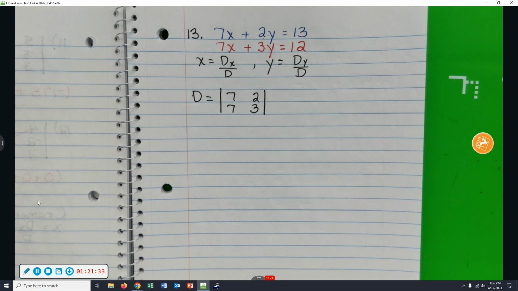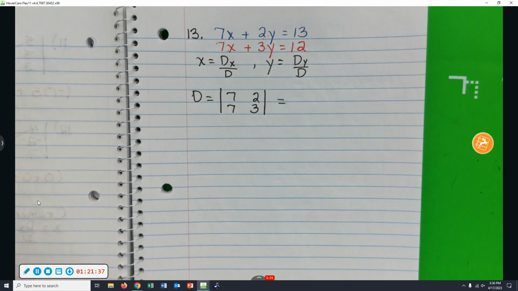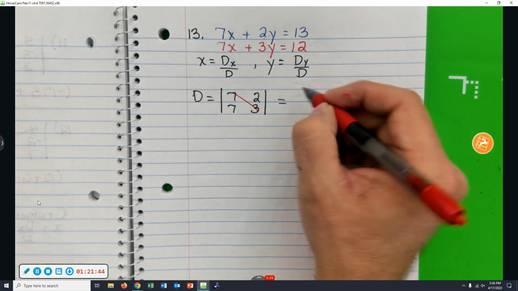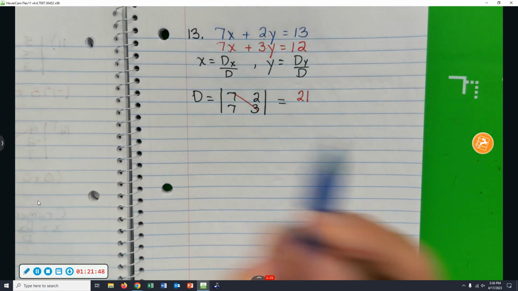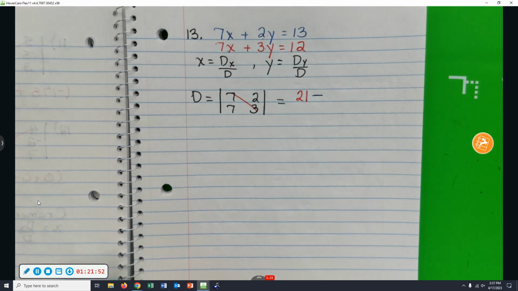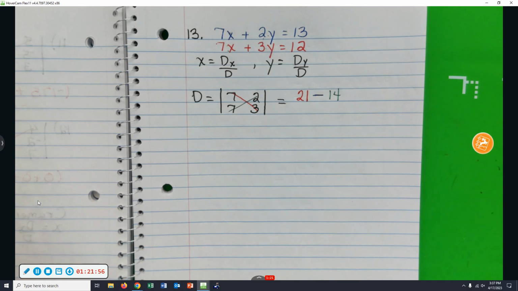You don't put the 13 in there? No, just the coefficients. And do you remember how to do this one? Okay, so it's 21, then a minus 14. So D is 7.